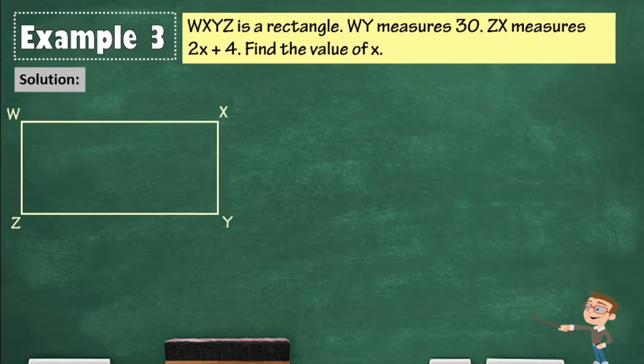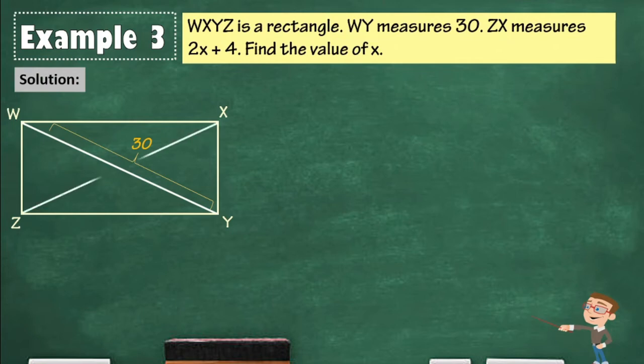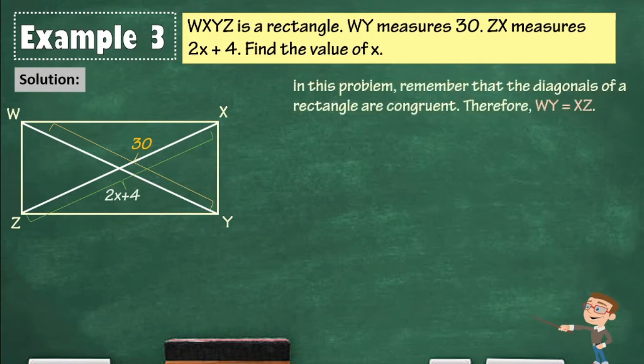And to understand better of the problem, let us label the given. WY is a diagonal that measures 30 units. Also, ZX is a diagonal whose measure is given by 2x plus 4 units. So in this problem, the diagonals of a rectangle are involved.